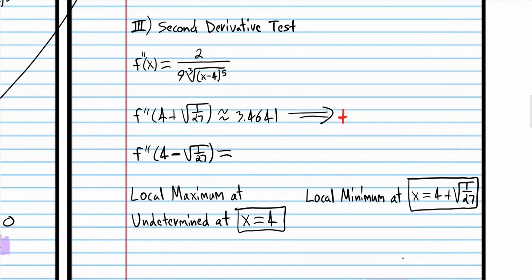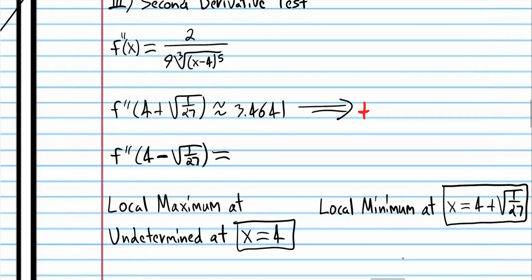Okay, and let's see what happens if you plug in the negative version of that. I'm doing this on my calculator, and I get negative 3.4641. So that's obviously negative.